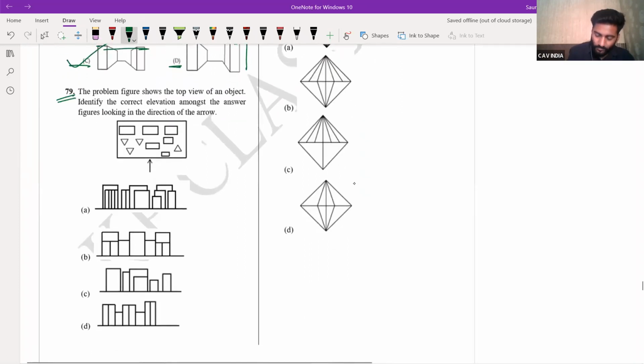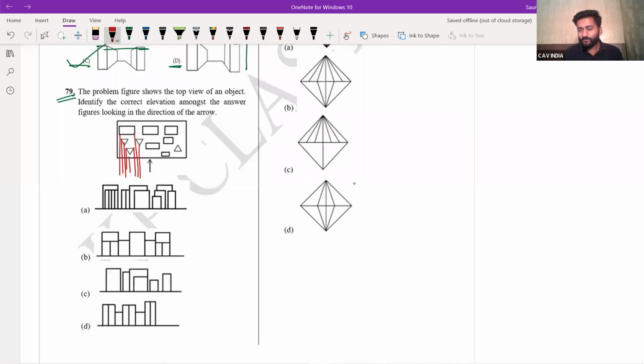Then comes question 79, and the top view is given. You need to look at the elevation of it. In these kinds of questions, you need to remember that in the top view there is no mention of height, so any of these elements could go higher than some other element. What matters is which element is in front and which is in the back. Then again, you can use the same method of drawing the guides like this, and seeing what lines would be visible to you.